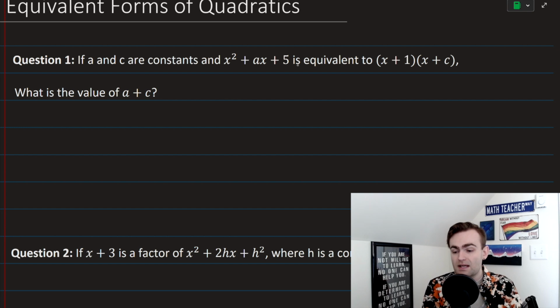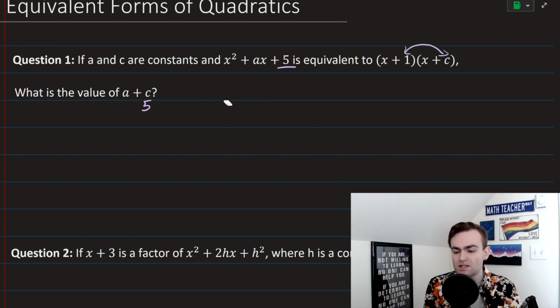First and foremost, to get this term here, when I distribute this factored form, that term, that 5, is going to happen when I do 1 times c. So 5 is equal to 1 times c, which is really easy to see that c is 5. The a is a little bit more complicated.